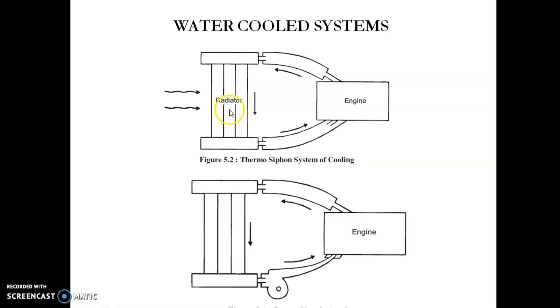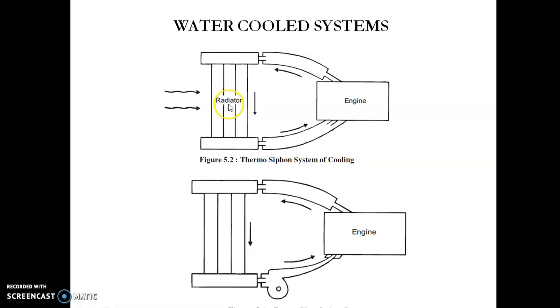The radiator is actually a heat exchanger used to recirculate the water to the engine cooling system. It exchanges heat from the hot fluid coming out of the engine with the atmospheric air. The hot water which comes into the radiator exchanges heat with the atmospheric air, and when it cools down, the temperature drops.